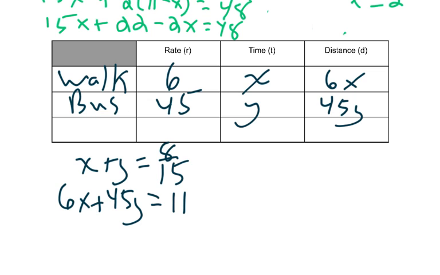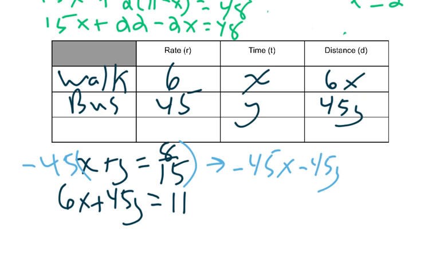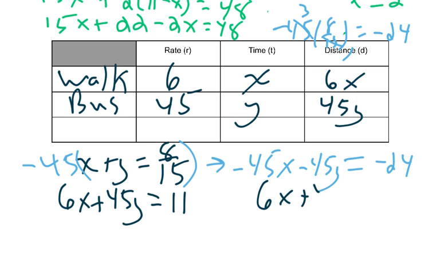If I multiply the top one by negative 45 to cancel out the y's, I now get negative 45x minus 45y equals, now let's do off to the side, negative 45 times 8/15. Well, 15 goes into 45 3 times, so then I get negative 24. Bottom equation stays the same. 6x plus 45y equals 11.